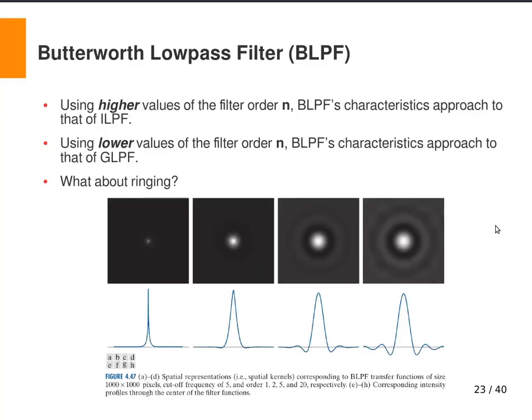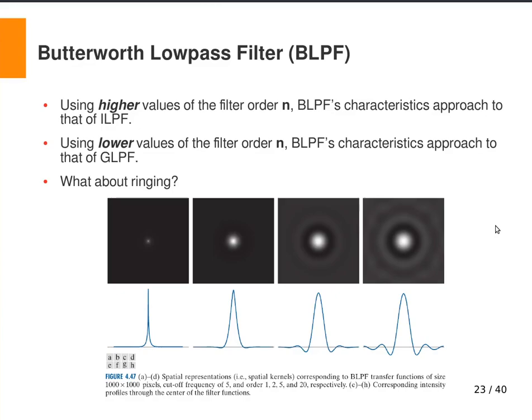The answer is yes, it all depends on the value of the filter order. As we said, if we use higher values of the filter order, the Butterworth low pass filter looks more like an ideal low pass filter, which had a ringing artifact. On the other hand, if we use lower values of the filter order, the Butterworth low pass filter looks more like a Gaussian low pass filter.